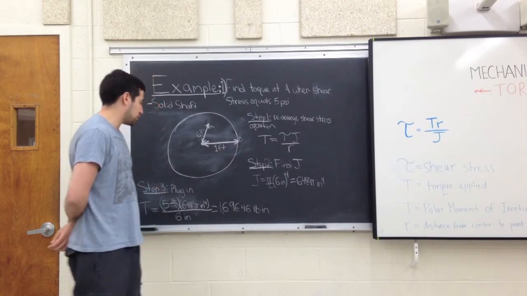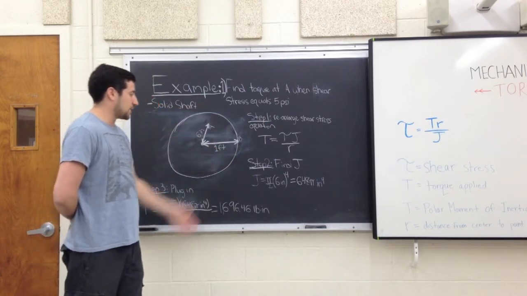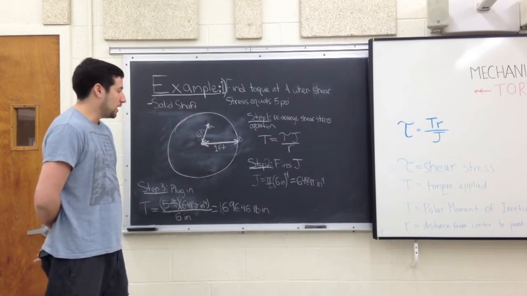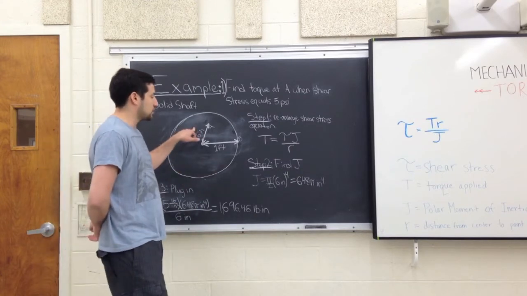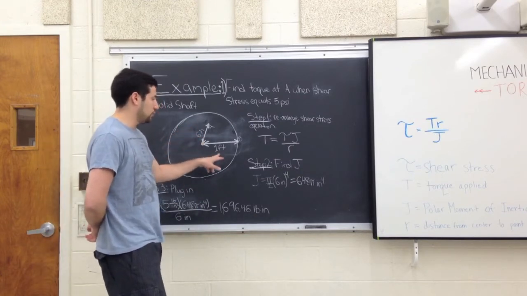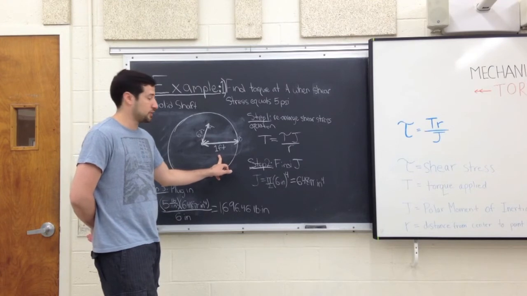Now, if you wanted to find the torque needed to create a shear stress equal to 5 psi at point B in the shaft, we go through the same exact steps that I've laid out on the board, except now instead of using 6 inches for R, we're going to use 1 foot or 12 inches.